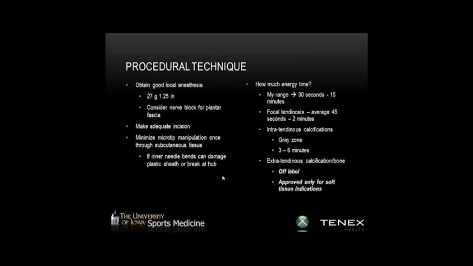The other thing to realize is that whenever you are trying to move the tip into different regions of pathology, you need to minimize how much you manipulate the microtip once you pass through the tissues. Once you're through the subcutaneous tissues, you're going to be passing through fairly thick fascial layers, and that can cause some bending of the needle.